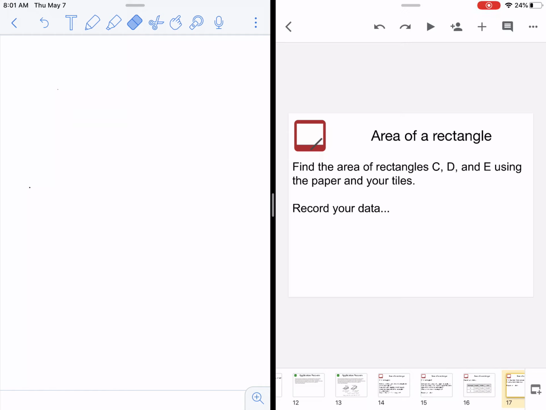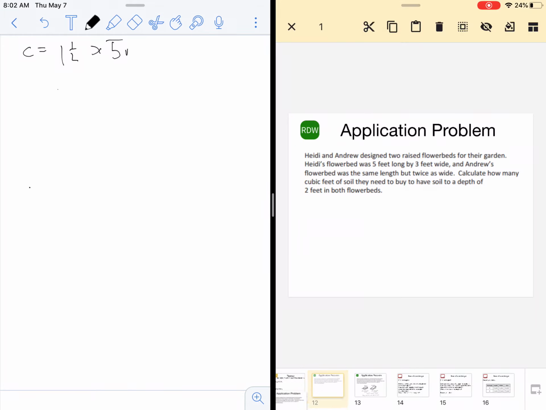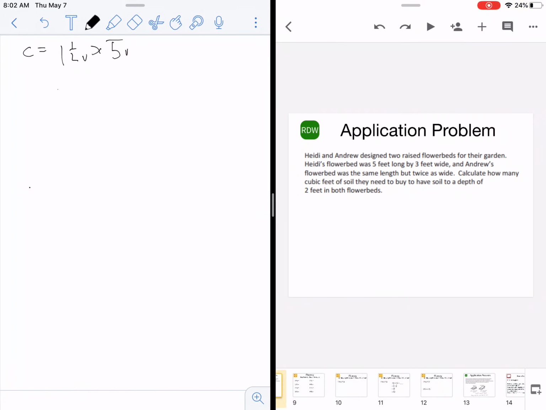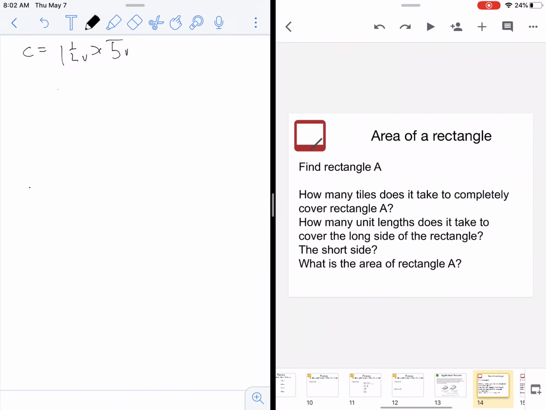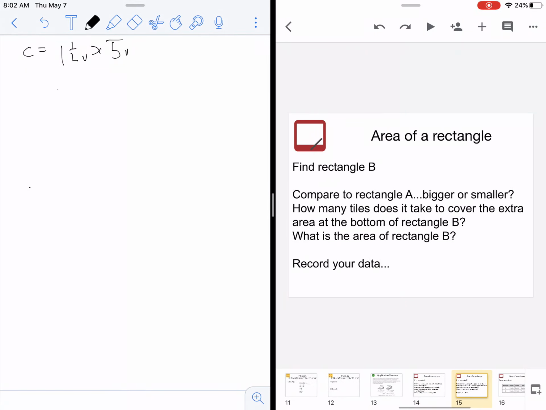So rectangle C. Rectangle C is 1 1/2 units times 5 units. I'm just going to label with U, okay? That's rectangle C. I keep hitting this with my arm. Sorry, everyone.